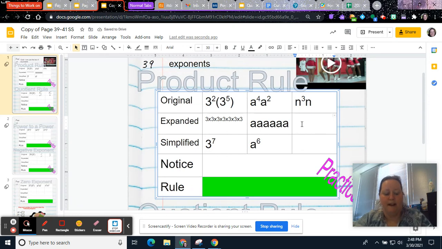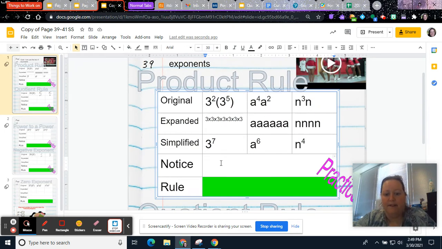This one over here, I have n times n times n times n. So there are 3 n's here, 1, 2, 3, and then there's 1 n here. Remember, if it doesn't tell you, the exponent is a 1. And so what do you have all together? N to the 4th.